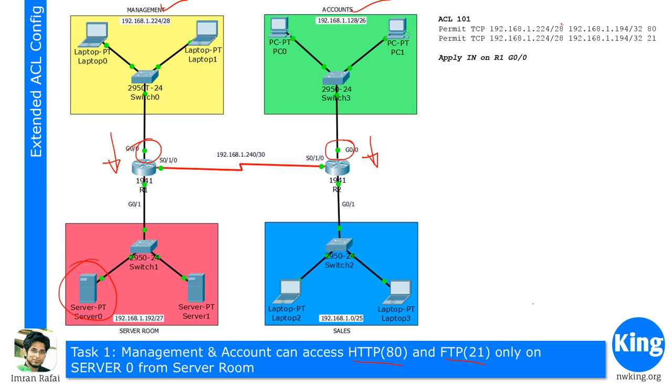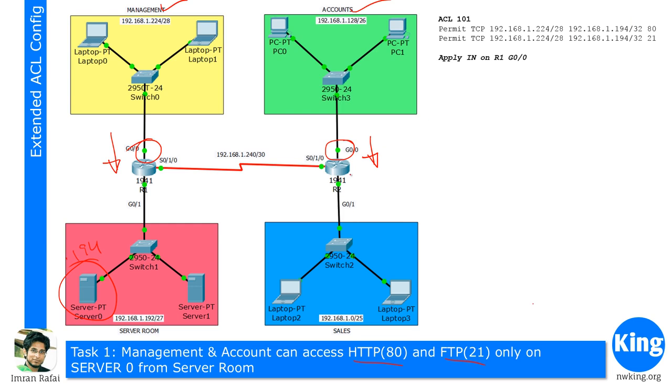Of course, we use the wildcard mask, but this is just pseudocode for us to discuss. When we put this in Packet Tracer, we will be converting this to wildcard mask. So we say 192.168.1.224/28, which is the entire management network, going to 192.168.1.194. 194 is nothing but this server 0, right?